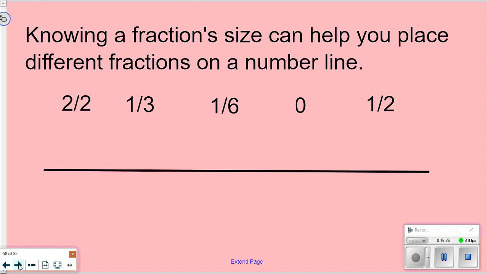So we've got a lot of different fractions there. You're going to be writing all 5 of those fractions down once you write that sentence, because we're going to put all 5 of those different fractions on the same number line.